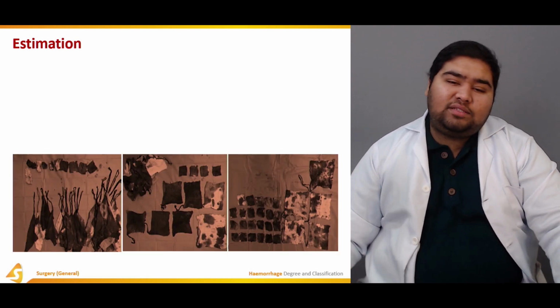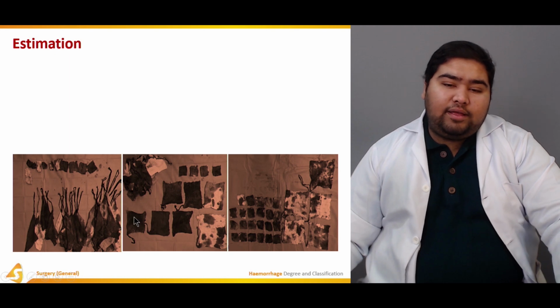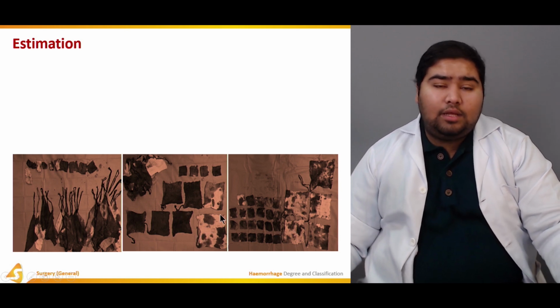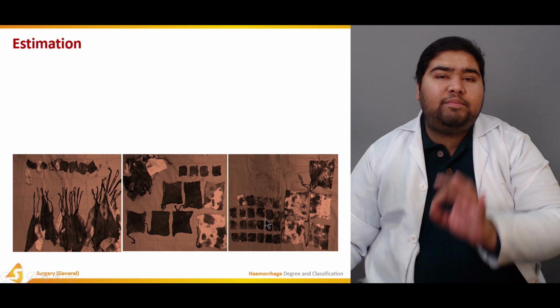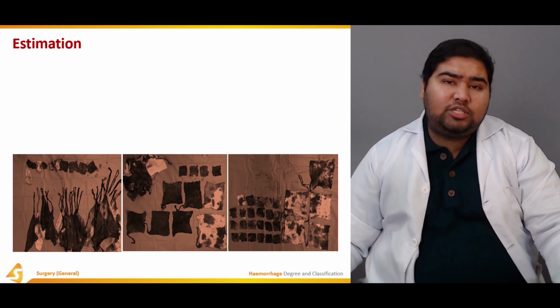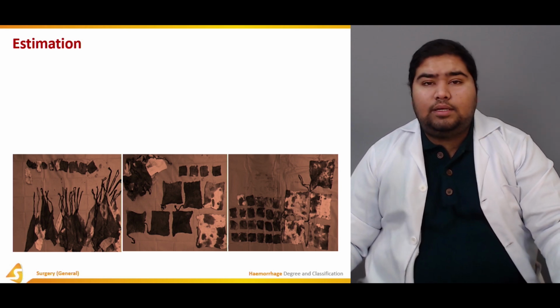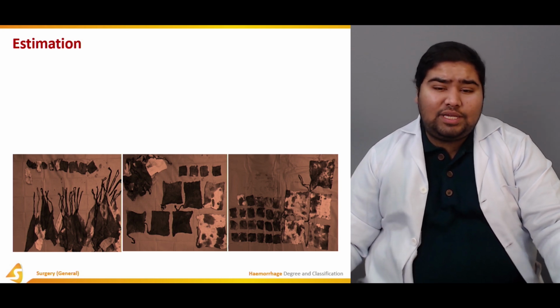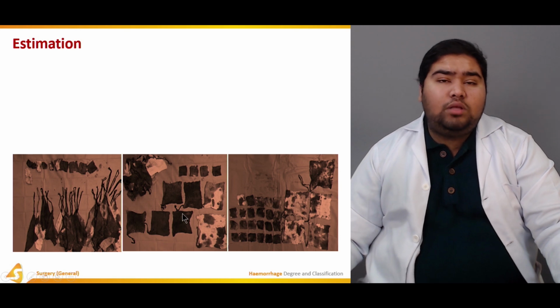So what is this figure? This figure represents gauzes. These are various gauzes that have been used in an extensive surgical procedure. Now, one of the methods of the estimation of blood, that is the bleeding that has been occurring during a surgical procedure, is by weighing of these gauzes.